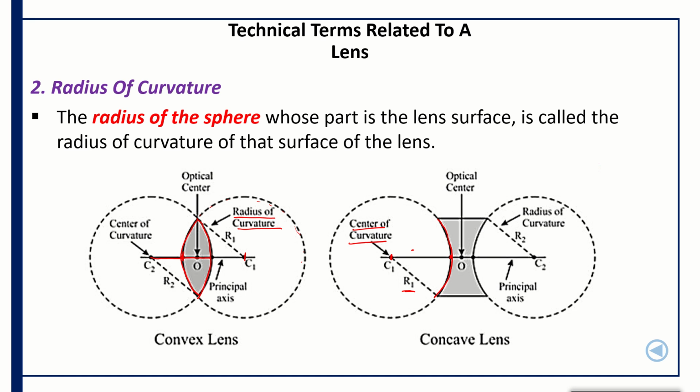We have two spherical surfaces here, so we get two radii of curvature for a biconcave or biconvex lens. The radius of the sphere whose part is the lens surface is called the radius of curvature of that surface of the lens.